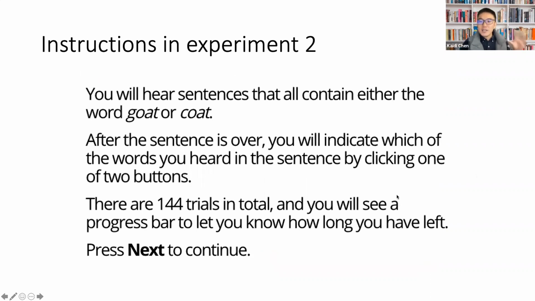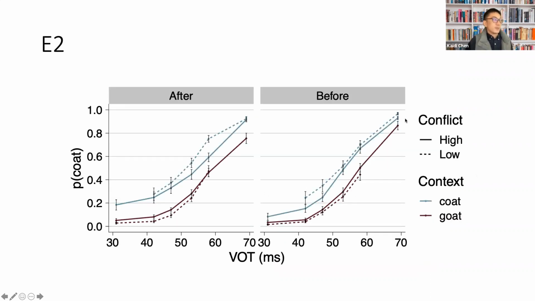Pretty minimal, no mention of conflict, no mention of meaning, and no examples. So here is what we have got for experiment 2. Still, the magnitude of conflict effect, it's small. So you can see the difference of low and high.